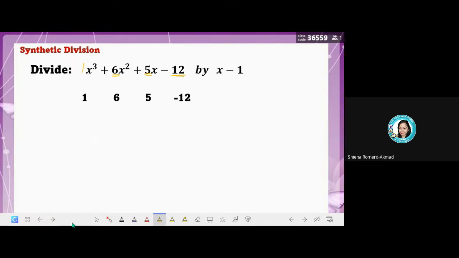Next is, you are going to get the value of x dito sa divisor. So, as you can see, sa divisor natin, we have x minus 1. So, para makuha natin yung variable x, kailangan natin siya i-equate to 0. So, that's x minus 1 equals 0. Then, we will transpose negative 1 on the other side of the equation.